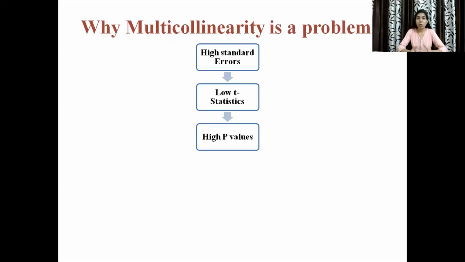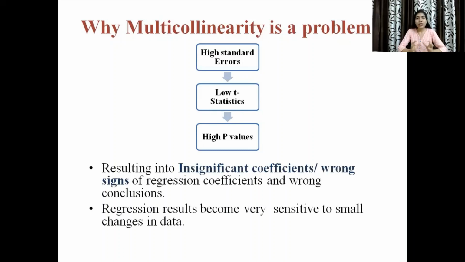And if the probability values or p values are very high in the regression model, then the regression coefficients will become insignificant, or the regression coefficients might bear wrong signs. So in that case, ultimately, the regression coefficients of the model will report wrong results, which may not be the case in reality. Moreover, regression results become very sensitive to even small changes in data if there is a presence of multicollinearity.